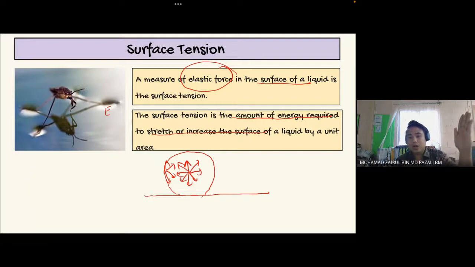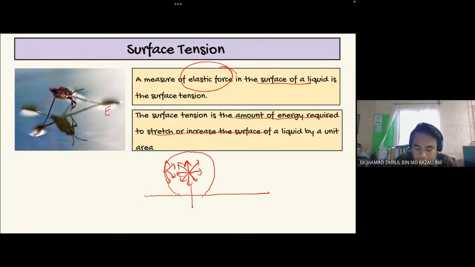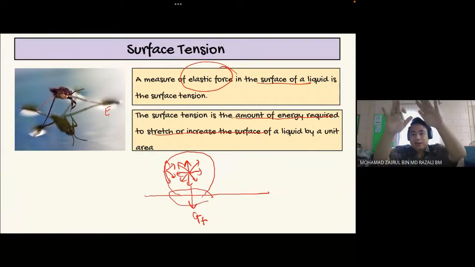Ada dekat luar ni lah, dan dekat bawah ni kita ada gravitational. Sebab tu kalau water droplet yang awak letak atas lantai, dia bukan bentuk bulat. Dia yang dekat bawah tu dia akan follow the surface tu. Macam mana surface tu berlaku. Dan dia kalau awak tengok dia melengkung ke bawah. Sebab apa? Sebab dekat bawah kita ada daya tarikan gravity.